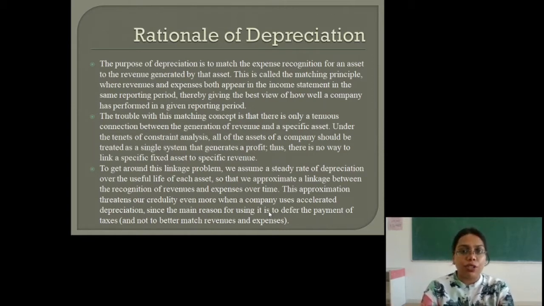This is called the matching principle, where revenues and expenses both appear in the income statement in the same reporting period, thereby giving the best view of how well a company has performed in a given reporting period.